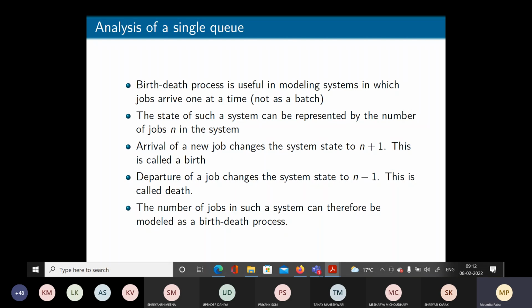If you have an arrival, the system will go to state n plus 1. If you have a departure, the system will go to n minus 1, causing a death. This is subject to the fact that you are currently at the nth state. So the number of jobs in such a system can be modeled as a birth-death process.